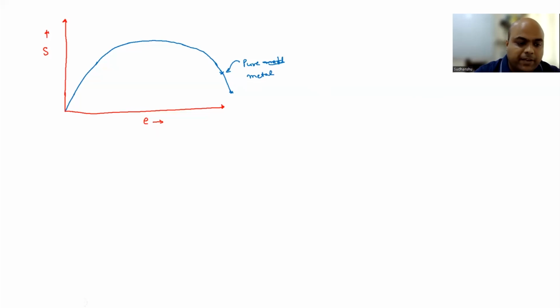If I have commercial alloys or metals, it will show something like this. It is going to fail much earlier. So this is the case of commercial metals and alloys.